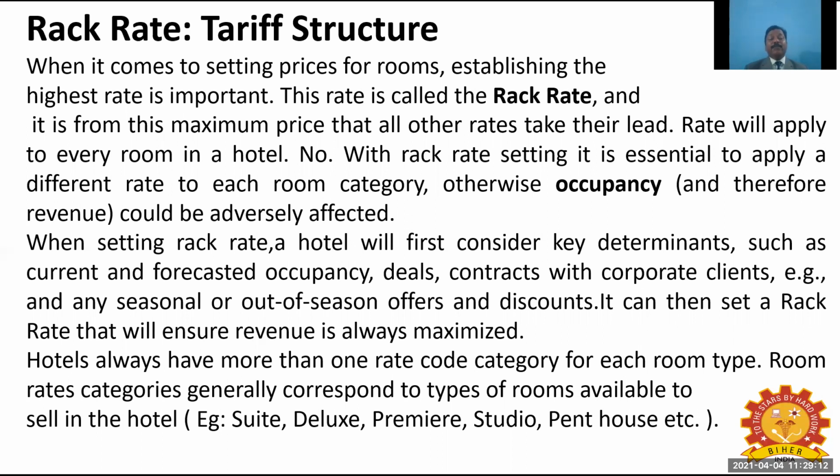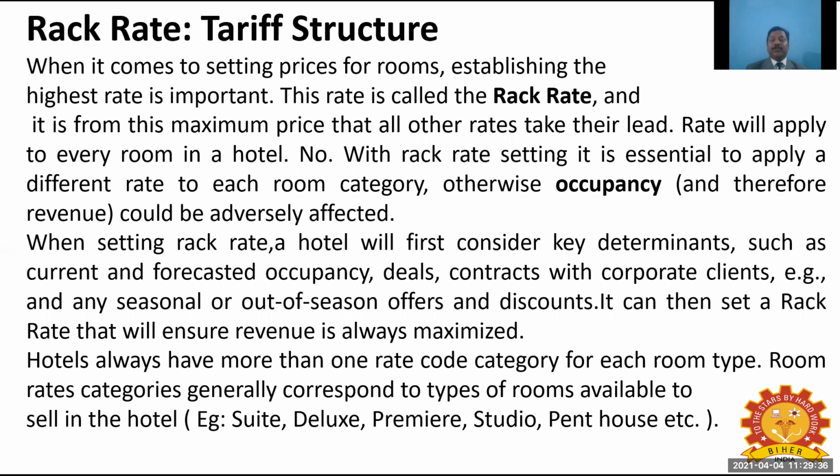Hotels always have more than one rate code category for each room type. Room rate categories generally correspond to types of rooms available to sell in the hotel. You have examples: suite room, deluxe room, premier suite room, studio room, penthouse, etc. These are the different types of rooms in the hotel.